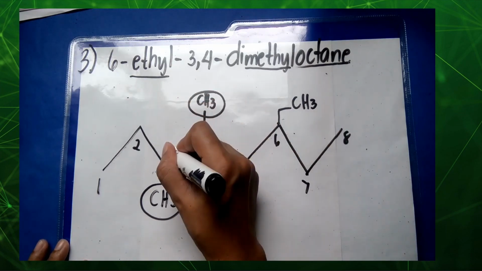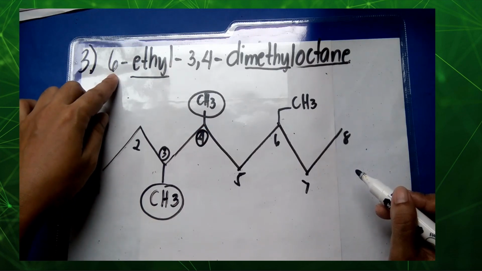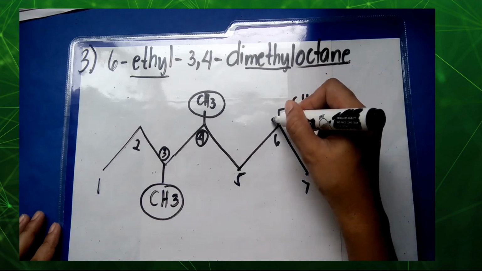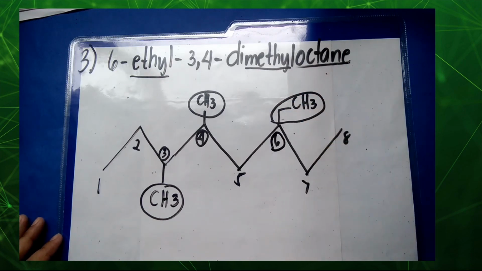Nasa number 3 and 4. So, we have 3 and 4. And then, in the number 6 carbon, right here, we have ethyl. So, ito po yung ethyl. Nasa number 6. So, that is the correct structure of 6-ethyl-3,4-dimethyl octane.